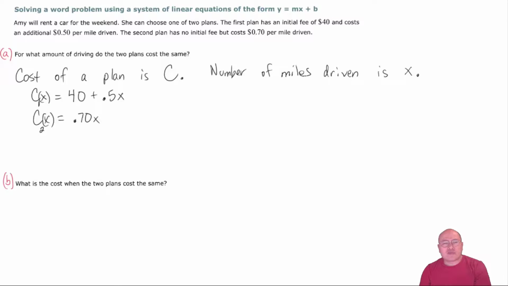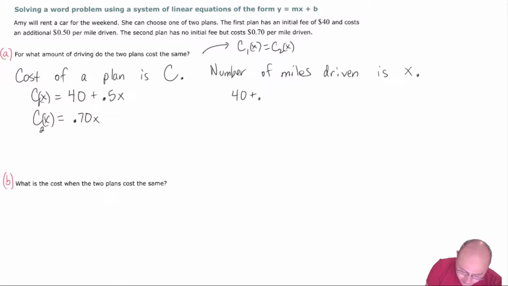It does ask, for what amount of driving do the plans cost the same? In other words, in order to answer this, we simply set c1 of x equal to c2 of x. And we'll go ahead and solve that equation. What is c1 of x equal to c2 of x? That is 40 plus 0.5x is equal to 0.7x.